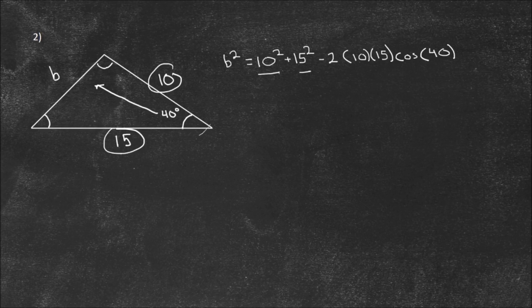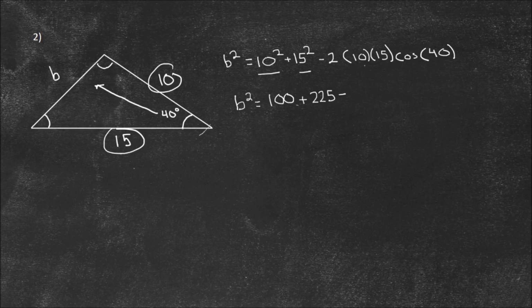And this one is actually easier to solve than the first one we did when we're given 3 side lengths, because there's no inverse trig to do. We literally just need to plug this in and figure out what b squared is. So let's start with b squared. I'll do it as much as I can by hand. 10 squared plus 15 squared gives us 100 plus 225.